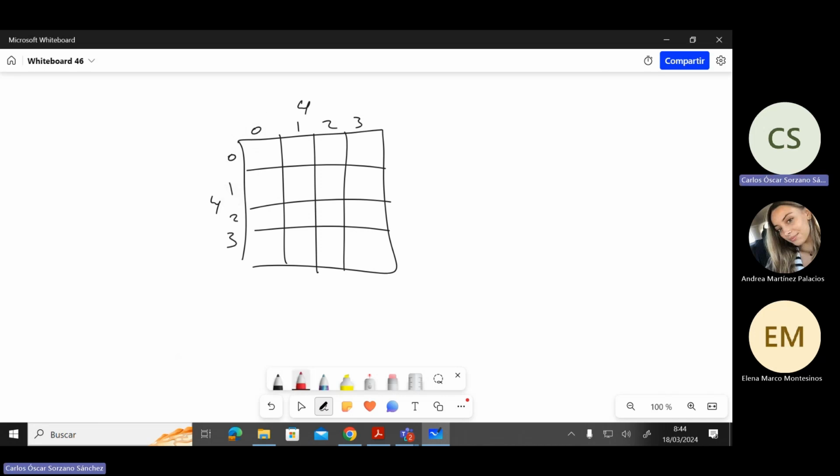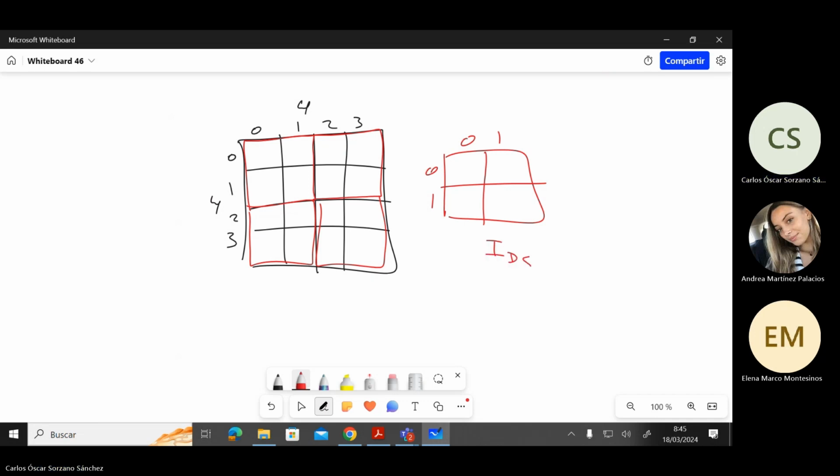And then what we want is to produce a new image that is this one. This new image is now 2 times 2, and we will call this one the downsampled image, with the first value being 5.